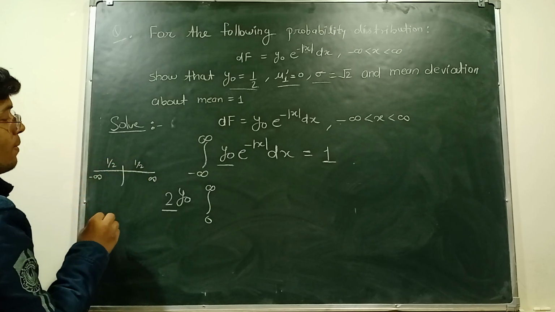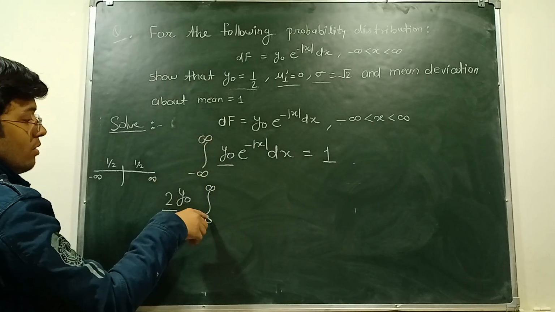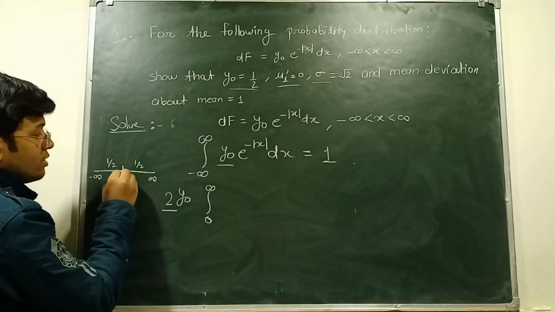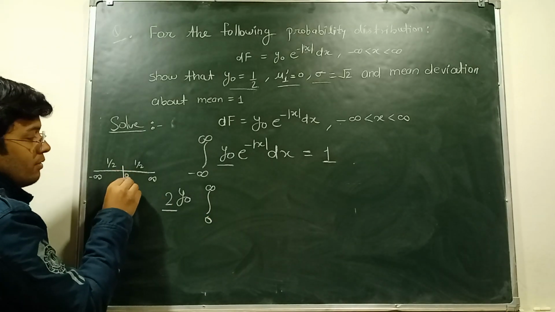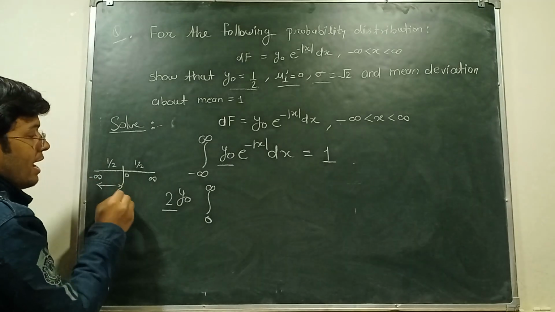Okay, so here we change the limits into 0 to infinite, so we have to write only 0 to infinite, and the other part is written as 2.